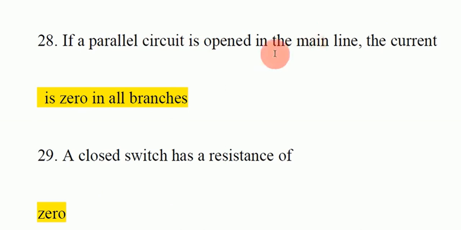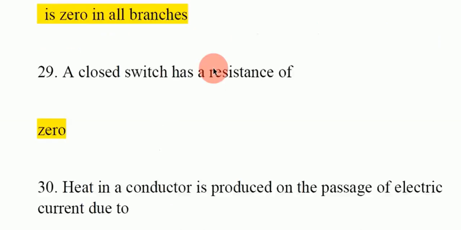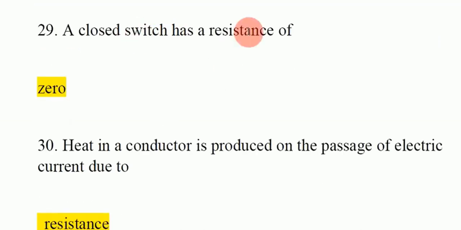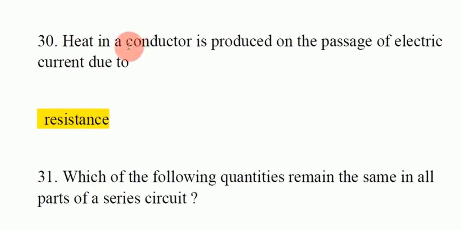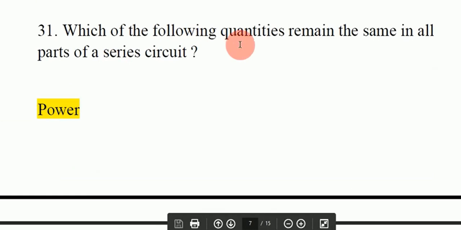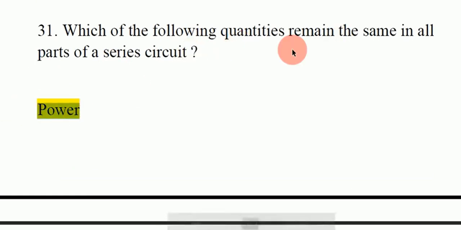A closed switch has a resistance of zero. Heat in a conductor is produced on the passage of current due to resistance. Which quantity remains the same in all parts of the series circuit? That is current.